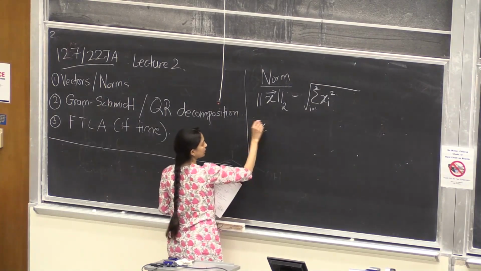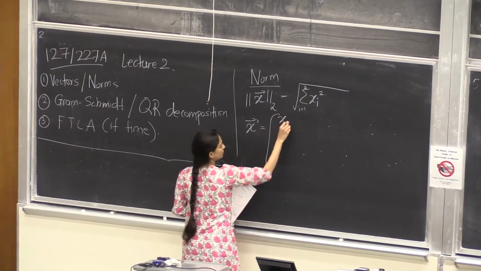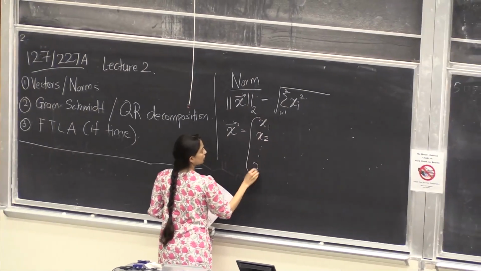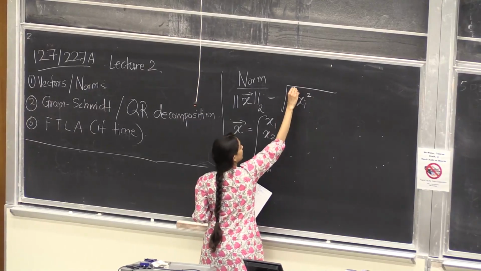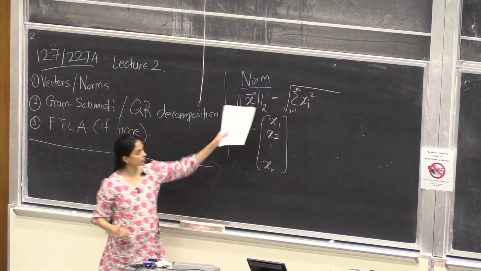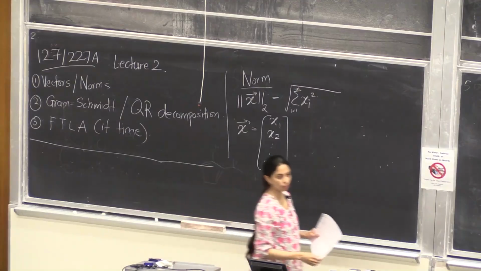When I write a vector x, I assume that its entries are x1, x2, let's say all the way up to xn. So if I have an n-length vector, then I can write the 2 norm of this vector.